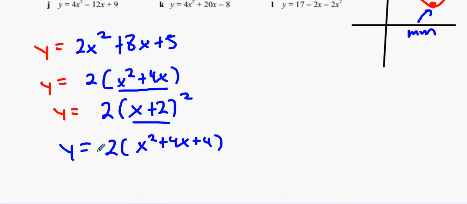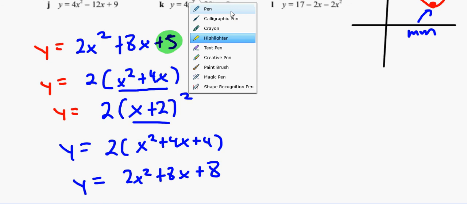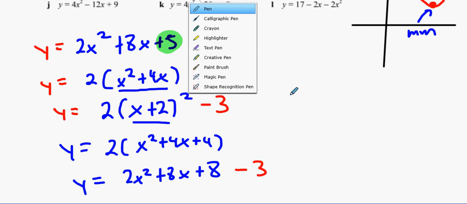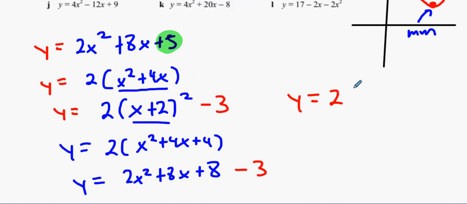Yeah. So you get x squared plus 4x plus 4. Well, you don't want plus 4. You want plus 1. So what you need to do, you take away 3 there. It means you can take away 3 up here. And what's your formula then? Yeah, that's your formula right there.